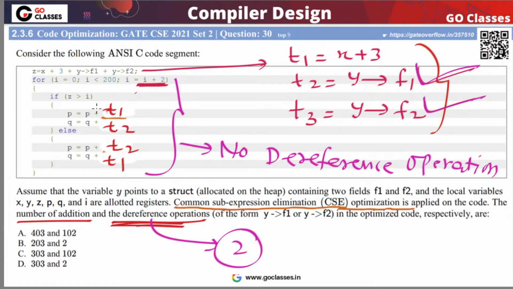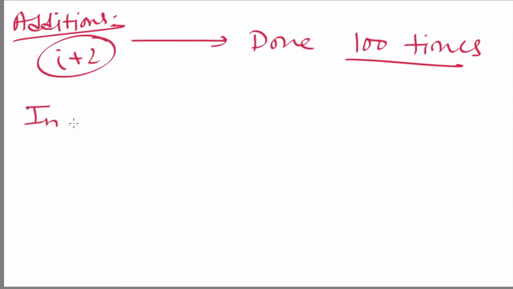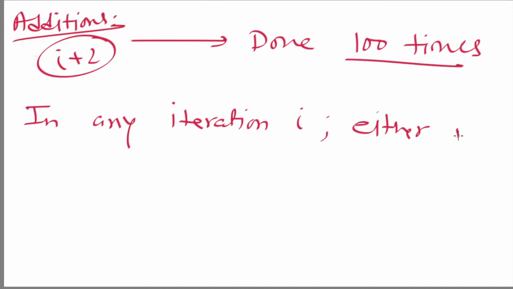And what else? Now you can notice there is an if. Either this will run or this will run in any iteration. So in any iteration either the if will run or the else will run.